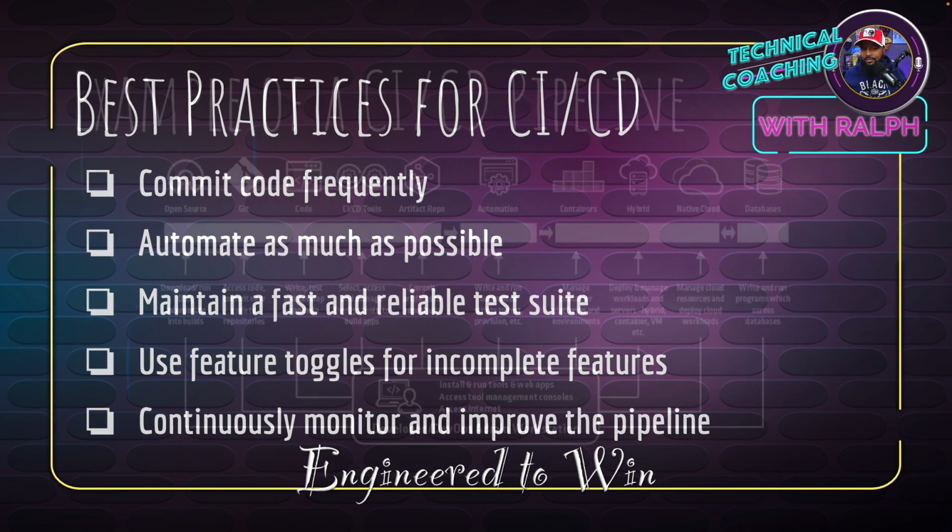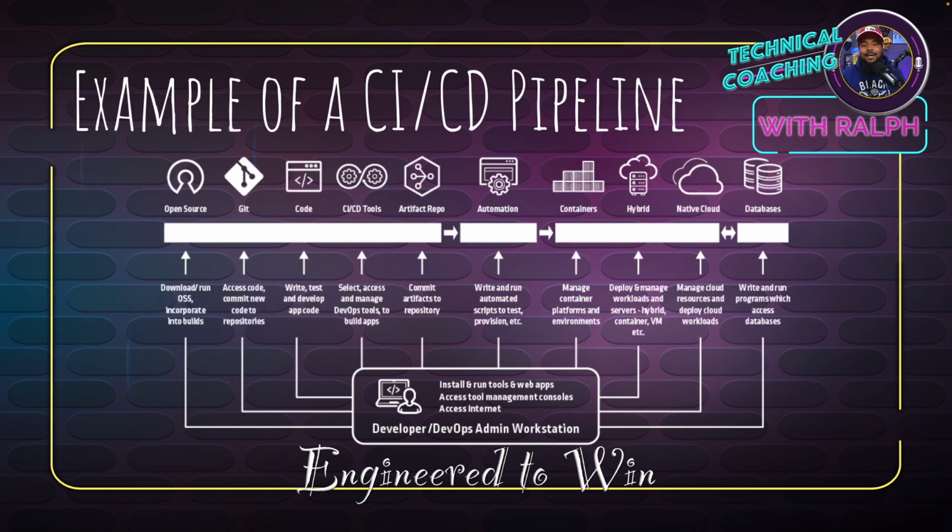All right. So here's an example of a CI/CD pipeline. Let's say we have the open source, where you download, you run, you incorporate into your builds. That open source could be some Python packages, could be some Java packages, whatever the case may be.